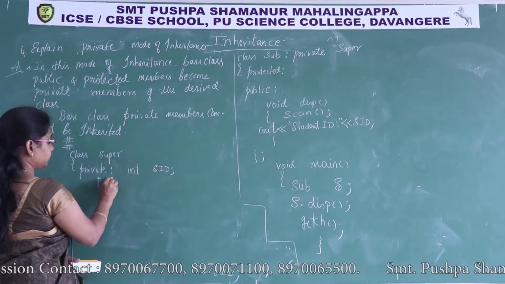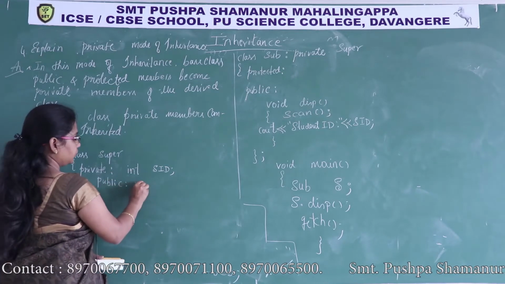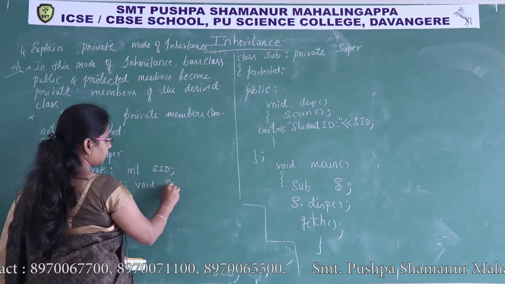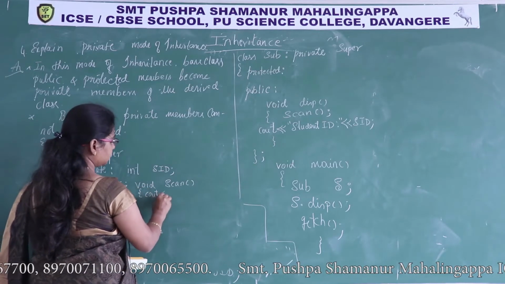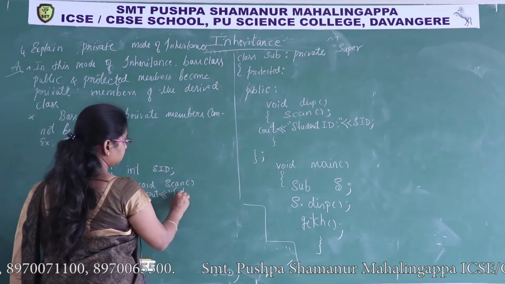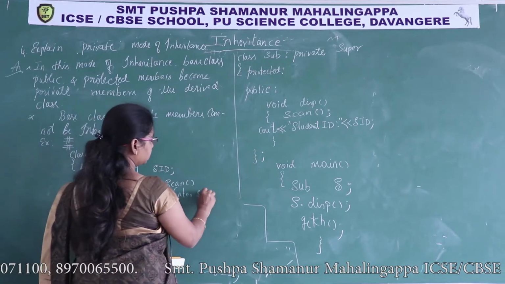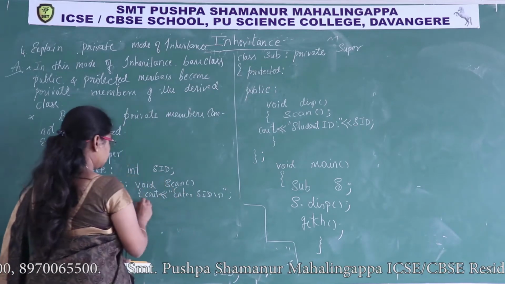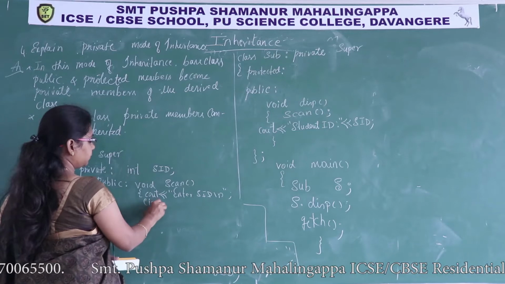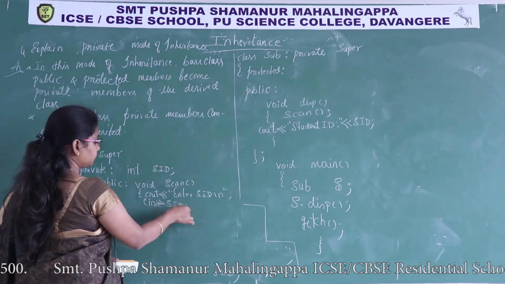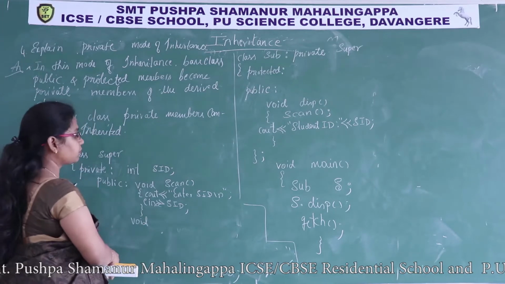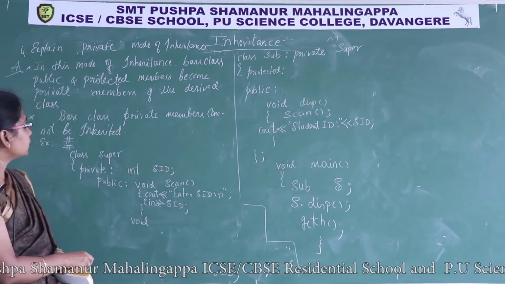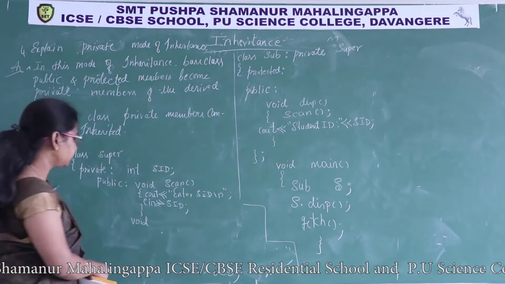Public, void scan, cout enter student ID, cin extraction SID. Another function I will take to display, because we cannot display from the subclass, because SID cannot be inherited.